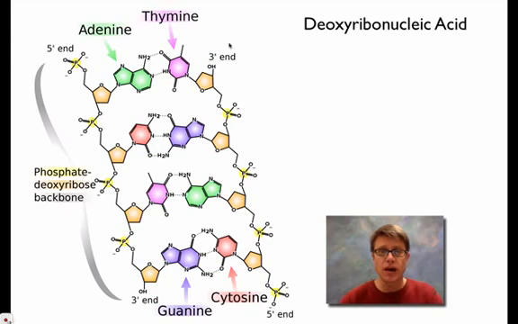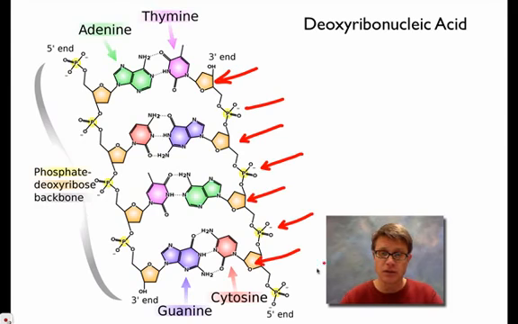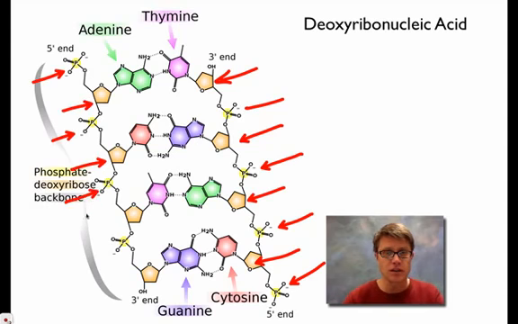But if we look at the backbone itself, it's simply a deoxyribose sugar, a phosphate, deoxyribose, phosphate, deoxyribose, phosphate, deoxyribose. And so the backbone is going to be the same with every nucleotide. And if we look on the other side, it's going to be phosphate, deoxyribose, phosphate. It's going to be the same thing on the other side. So the backbone is going to be relatively boring.